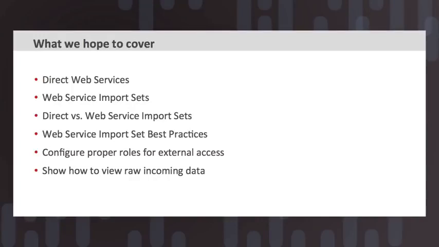Moving on from that, we'll perform a demo of integrating a third-party system, setting up our instance so that a third-party system can push data into ServiceNow using our best practices around the import set and the web service import set layer itself. We'll also cover configuring the proper roles for providing external access into our web service interfaces that we create, and show you how to view the raw third-party data that's coming into the instance in case we ever need to troubleshoot that data going forward.